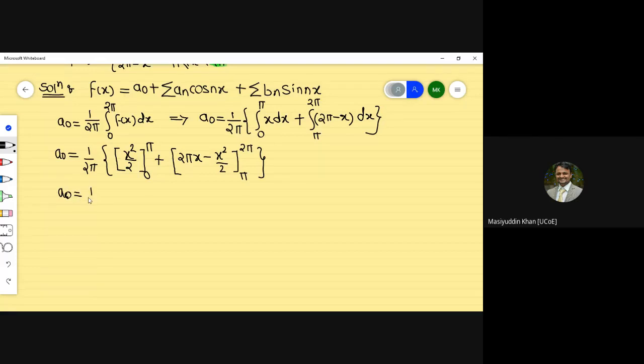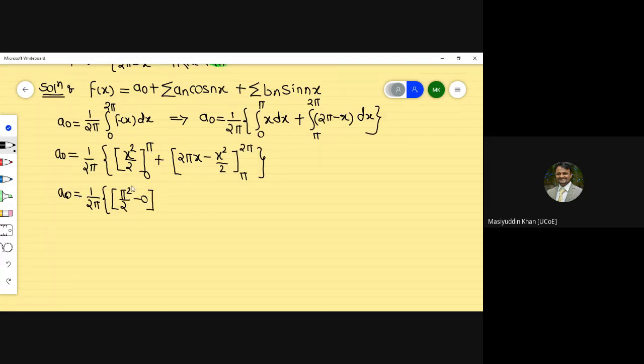a0 is equal to 1 by 2 pi, substituting upper minus lower. Just observe this part: while substituting the upper limit you will get pi square by 2, and the lower limit is 0, so you can write it as 0.